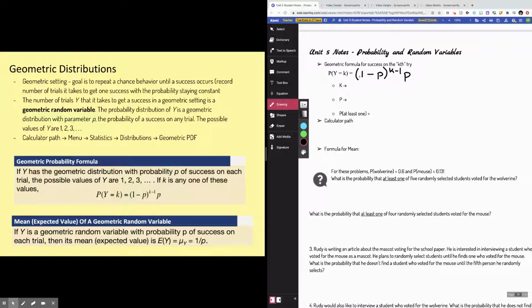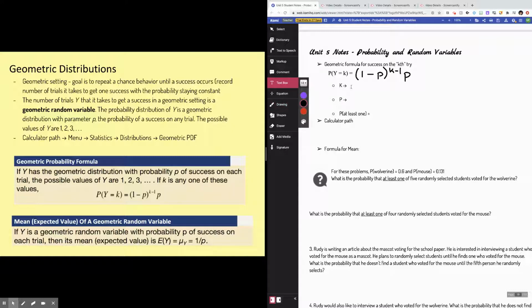So this first bit, the 1 minus p to the k minus 1, is all of your failures, right? So let's say you're rolling a die and the goal is to roll a 3, and you want to figure out the probability that you don't roll a 3 until the 5th roll. So you have your failure probability, and you're going to get that failure probability 4 times, 5 minus 1, because the 5th time you're going to succeed. You're going to roll the number that you were looking for, the 3, okay?